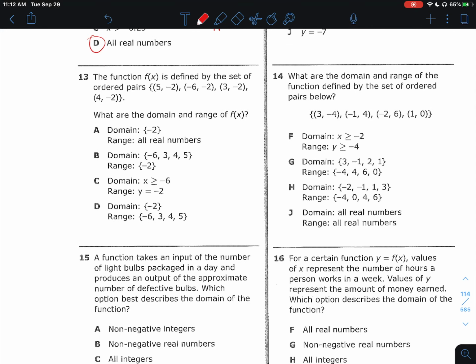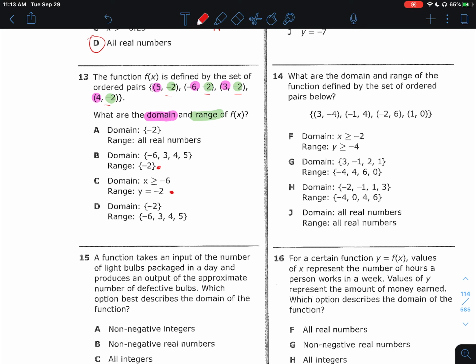Okay, number 13. So they're asking me what is the domain and my range. Okay, so something interesting, I see that the range is only at -2. So I'm going to look through these guys. Okay, there it is.